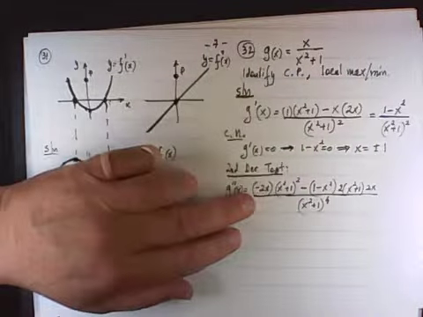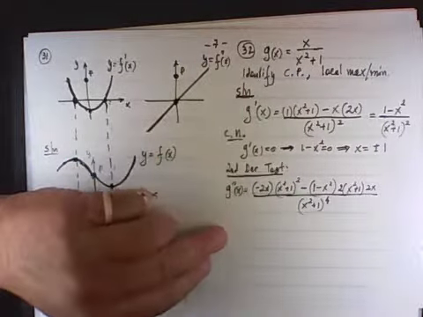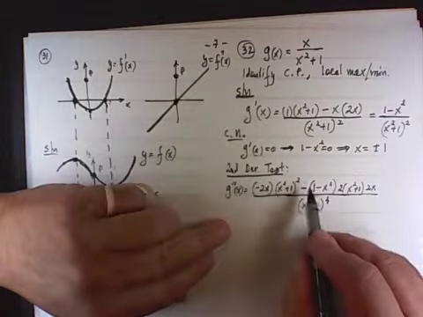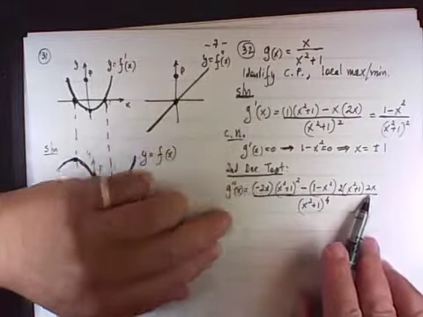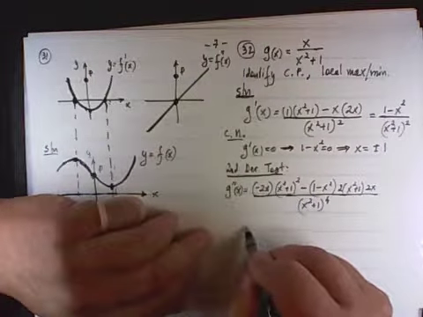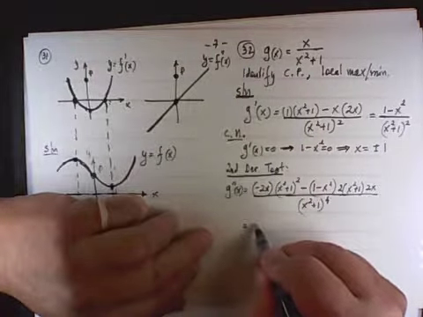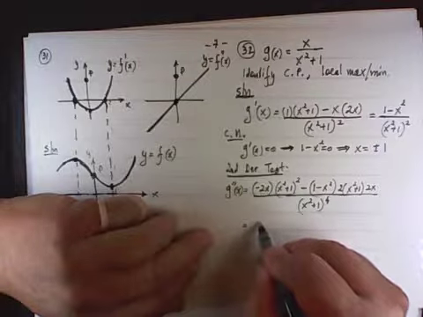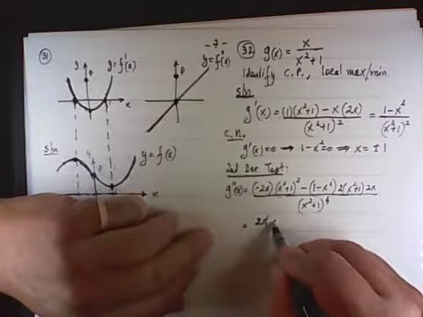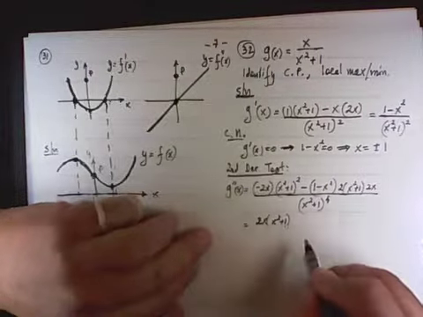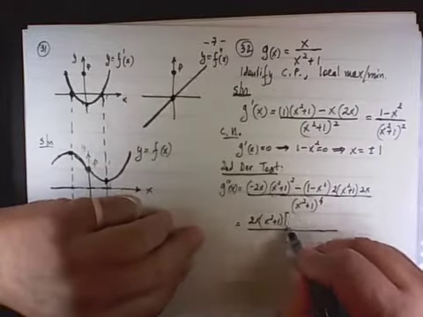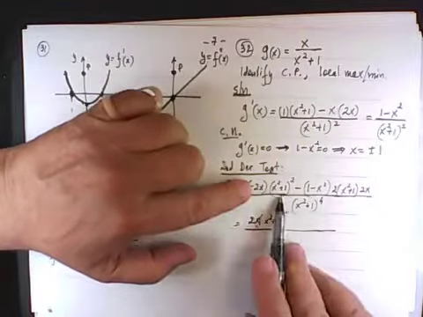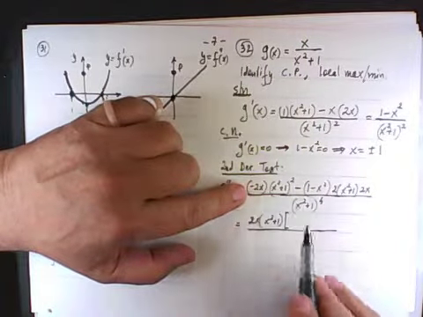Okay? So if you look at what we have in common here, we have x squared plus 1 squared and x squared plus 1. Also we have 2x and 2x. So we can factor out 2x times x squared plus 1. Okay, and what we have left from this one, we have negative x squared plus 1.